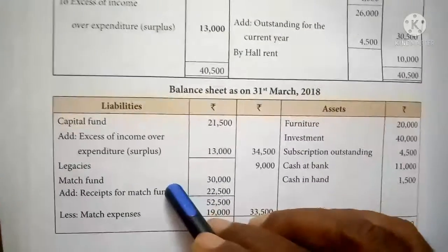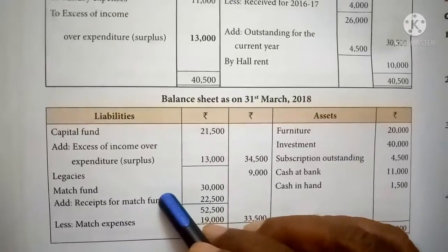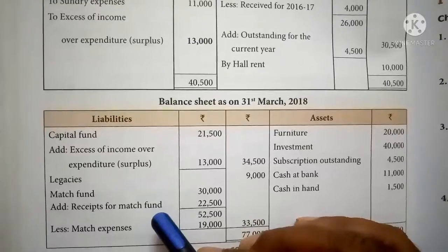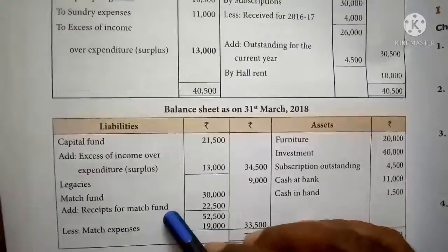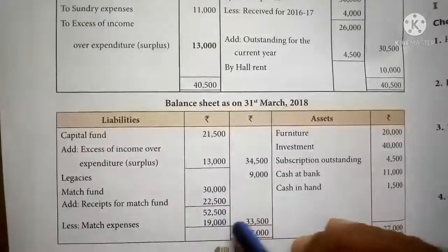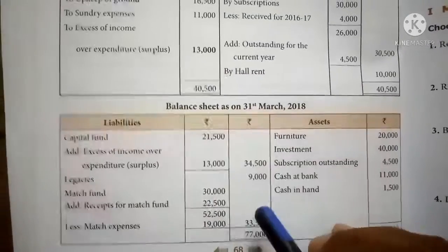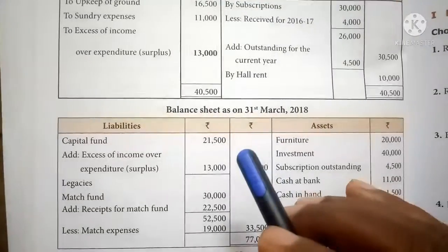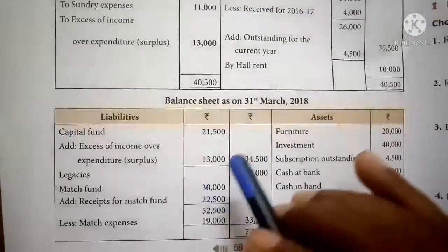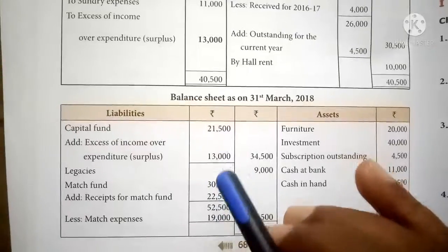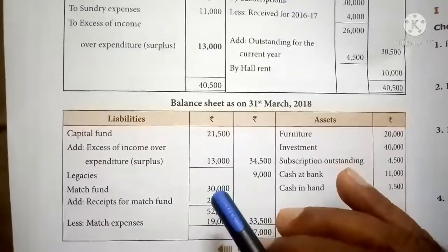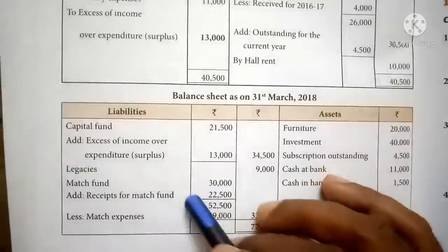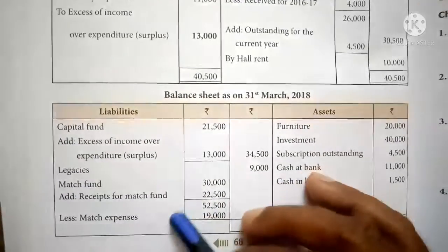Then subtract whatever the fund expenses are from the match fund amount. After that you can write the net amount on the liability side. If any specific fund is given, don't forget it should be taken to the liability side of the balance sheet. Don't take it to the income and expenditure account. Fund, add any receipt for that, less expenses. This is the procedure for dealing with fund items.